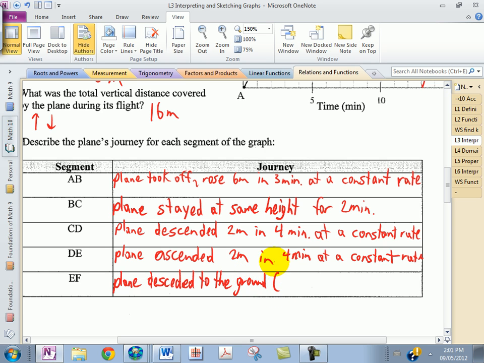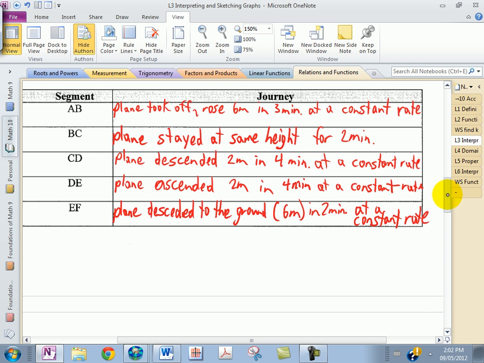I'm just going to put brackets here. 6 meters in 2 minutes at a constant rate. Okay. It's important to note that constant rate. I know it seems ridiculous over and over, but it is important. Any questions about explaining it?